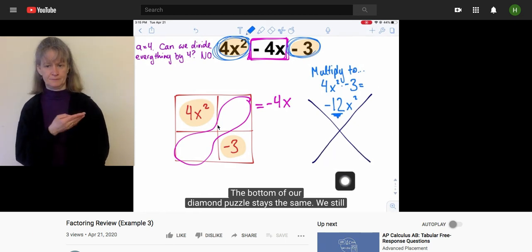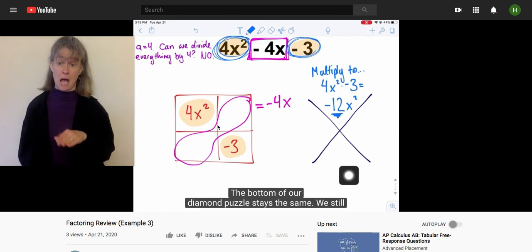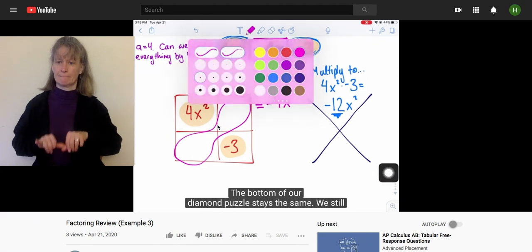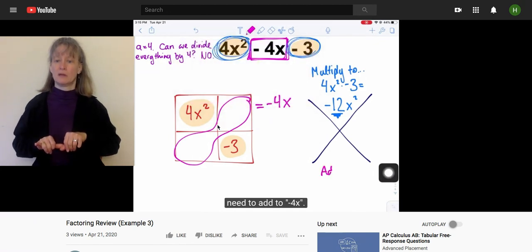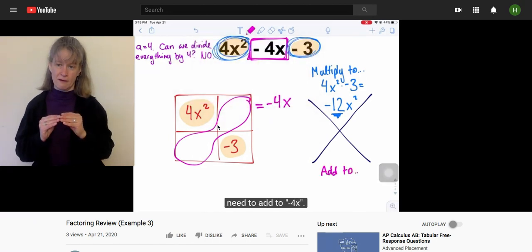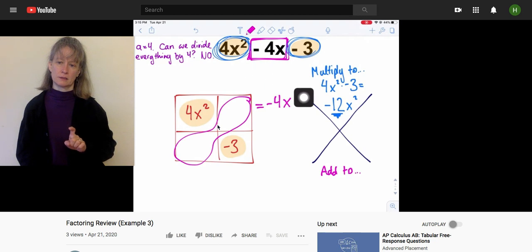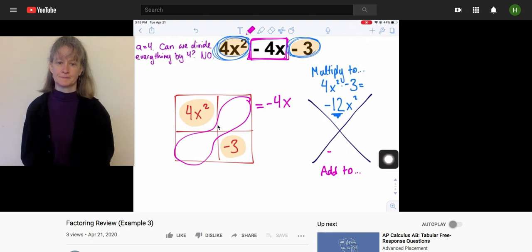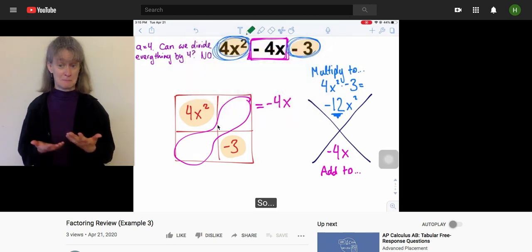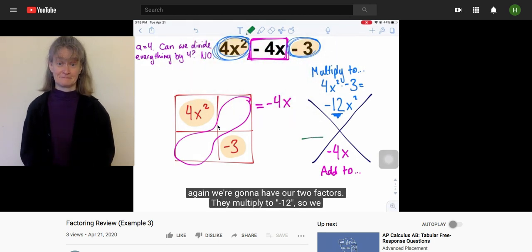The bottom of our diamond puzzle stays the same. We still need to add to negative 4x. So, again, we're going to have our two factors.